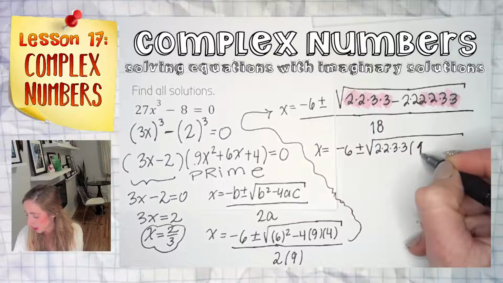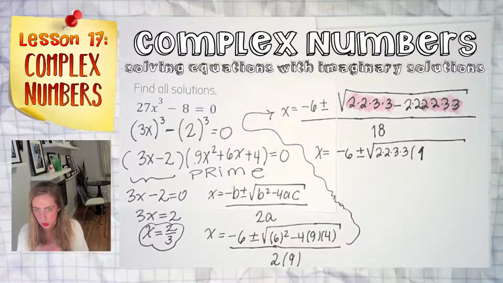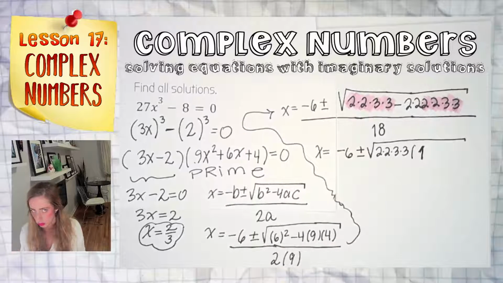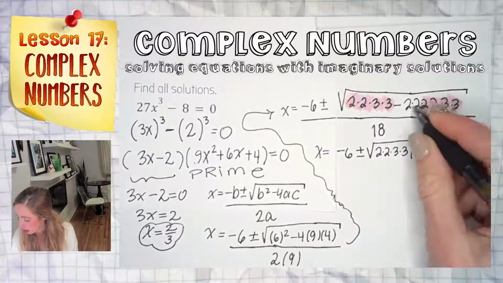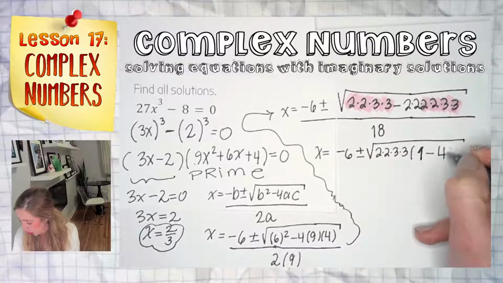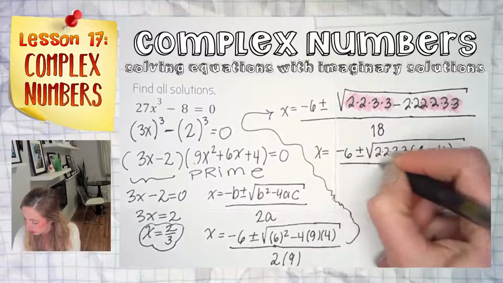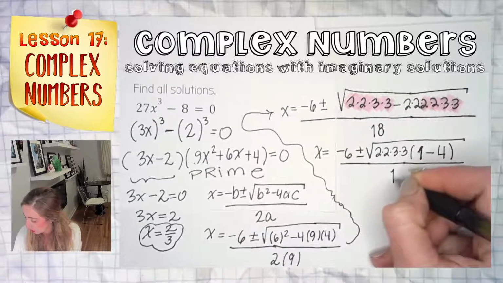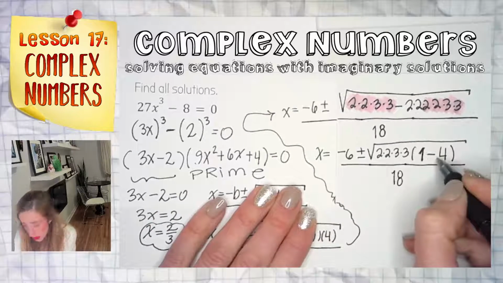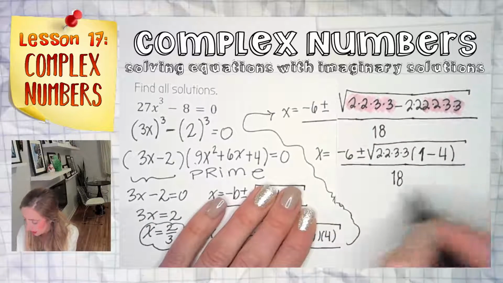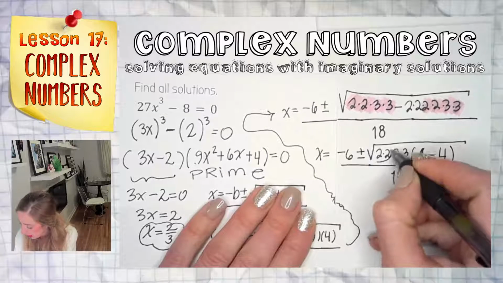What's left here? 1. I explained this more in the previous example, so you might want to check that out if you're wondering what the heck I'm doing right now. Minus what's left over here, 2 times 2, which is 4, all over 18. Now, 1 minus 4 is going to be negative 3.